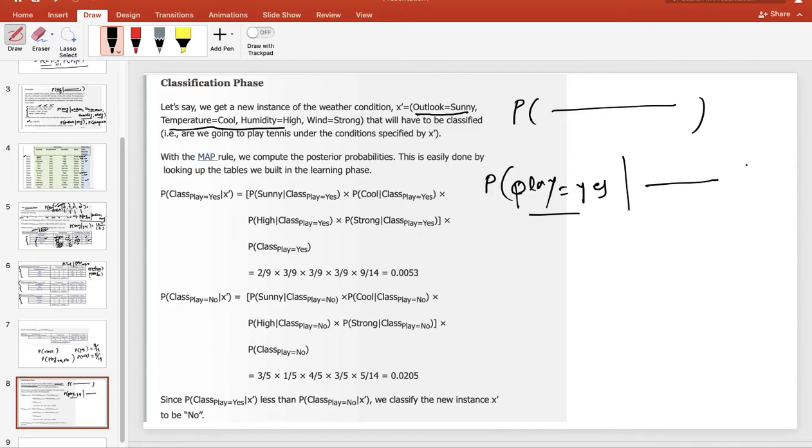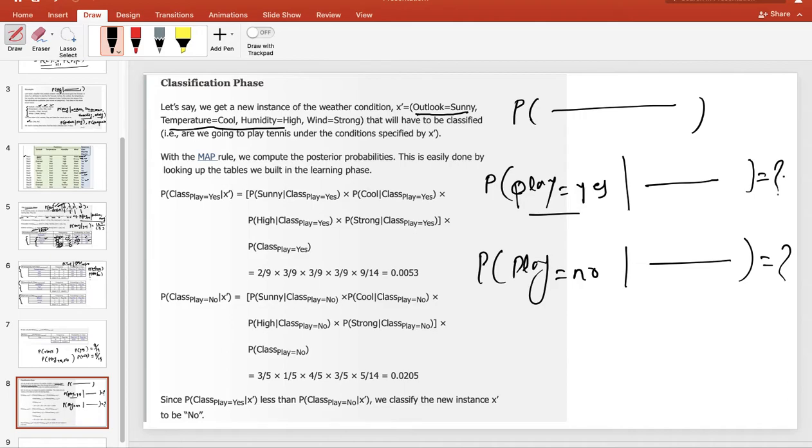That's what we want to find. And then the probability of play equal to no given these weather conditions. Whichever probability is higher, we'll go with that class. That means on this day we will either play or not, and that will be decided by this probability.